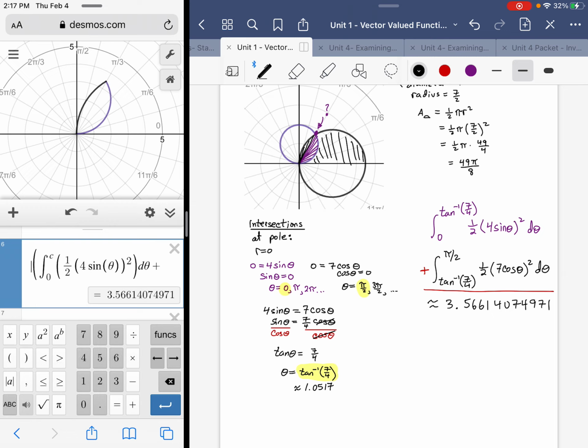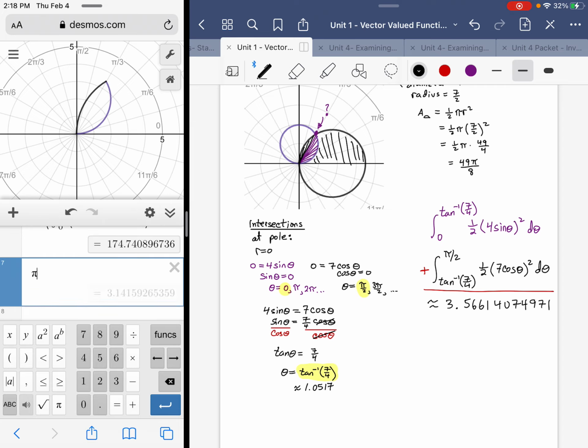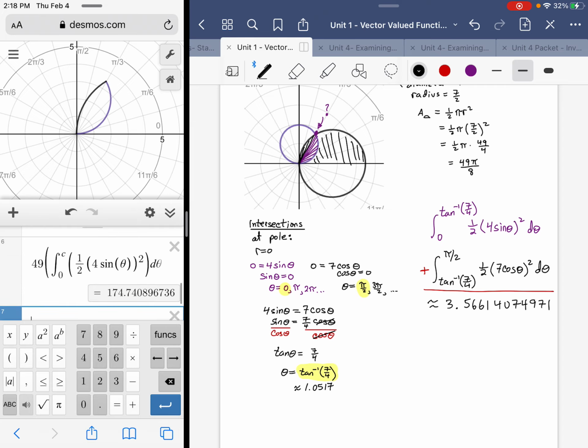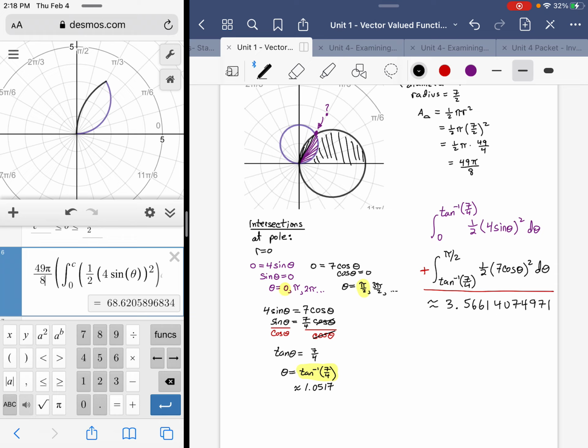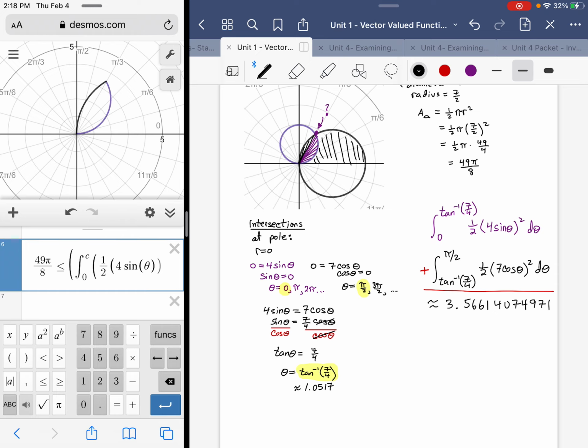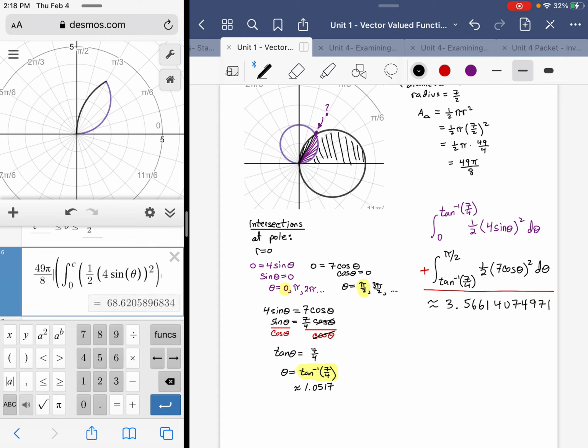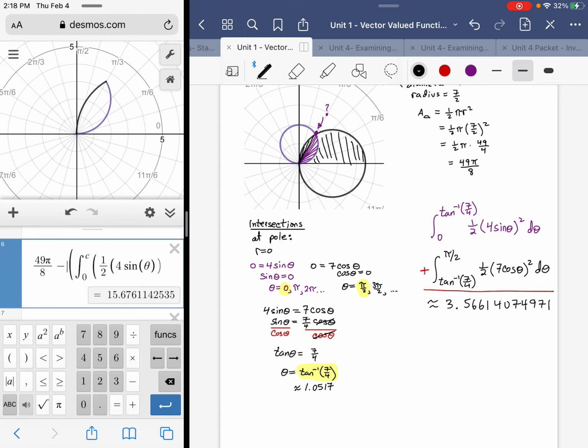Make sure you get an open set of parens and closed set of parens, and type in your 49, I slipped, 49 pi divided by 8, and then right arrow over, and I accidentally hit the wrong thing, and throw a little subtraction symbol in there, and you'll have it.